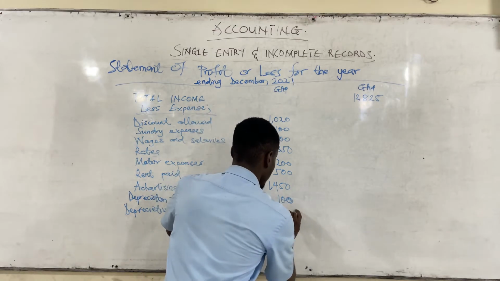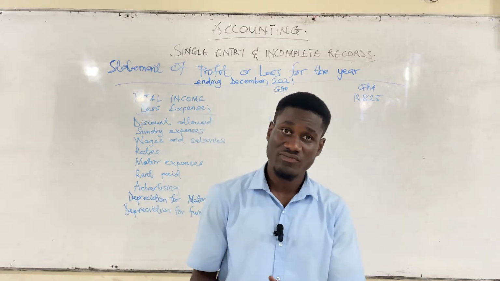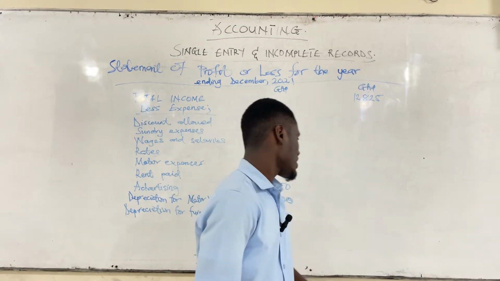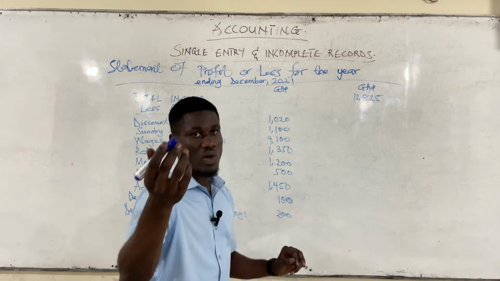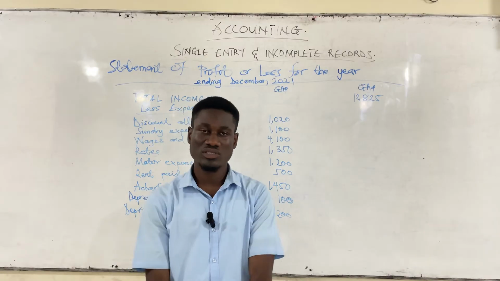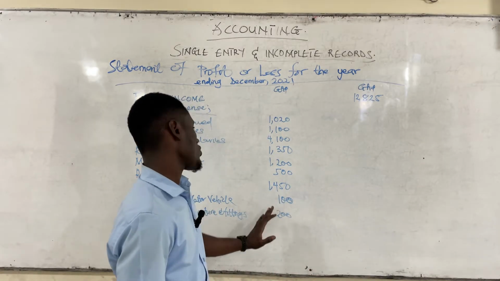So the 5,600 minus the 5,400, it reduced in value and the difference was 200. And this one too, it was 1,100 and it reduced in value and the value at the end of the year was 10,000. So the depreciation was 100 cedis.